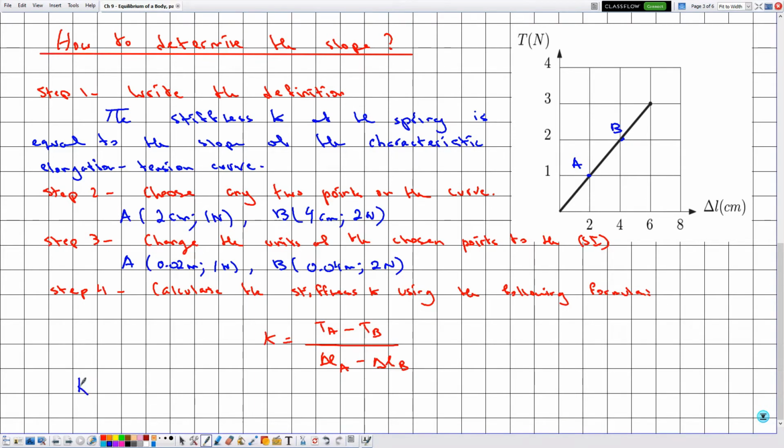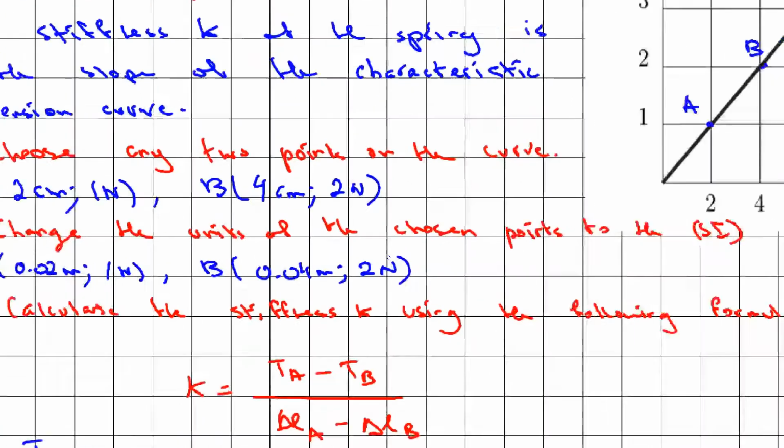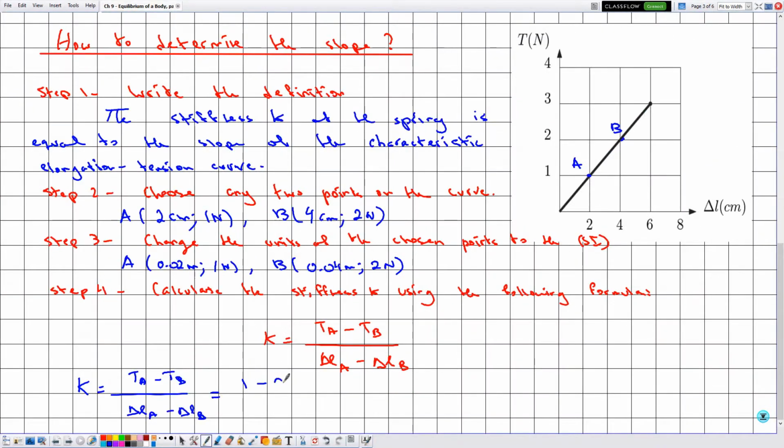Then K is equal to TA minus TB over delta LA minus delta LB. Then the tension at the point A is given by 1. The tension at the point B is given by 2.